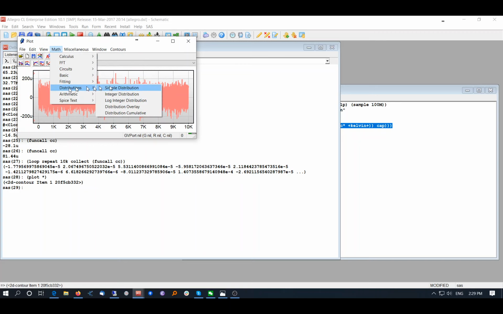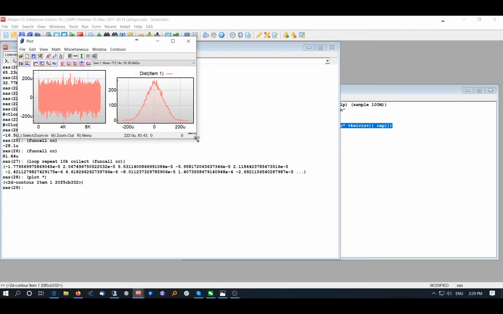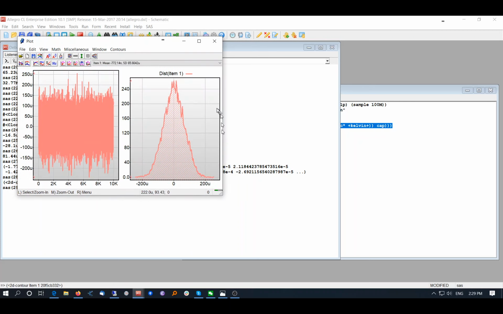Math, distribution, simple distribution. There we go. There is that generator: mean 772 nanovolts, standard deviation 65.66. So that random Gauss generator is cranking out noise which has the distribution that we're looking for.